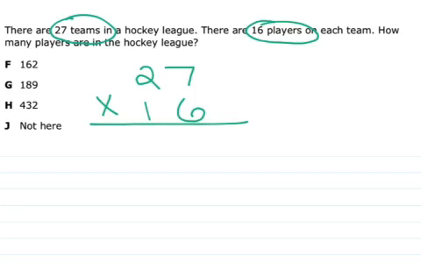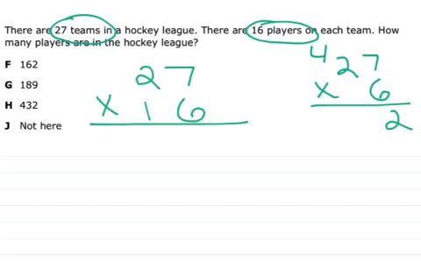And once again, we can make it a simpler problem. 27 times 6. Remember to use your multiples if you need to refer back to your multiple sheet. 6 times 7 is 42. 6 times 2 is 12. Plus 4, 16.